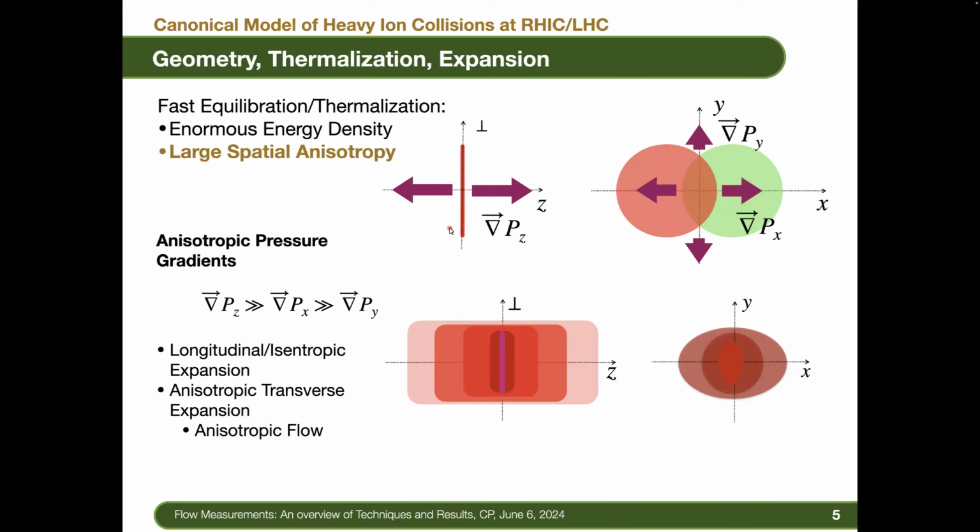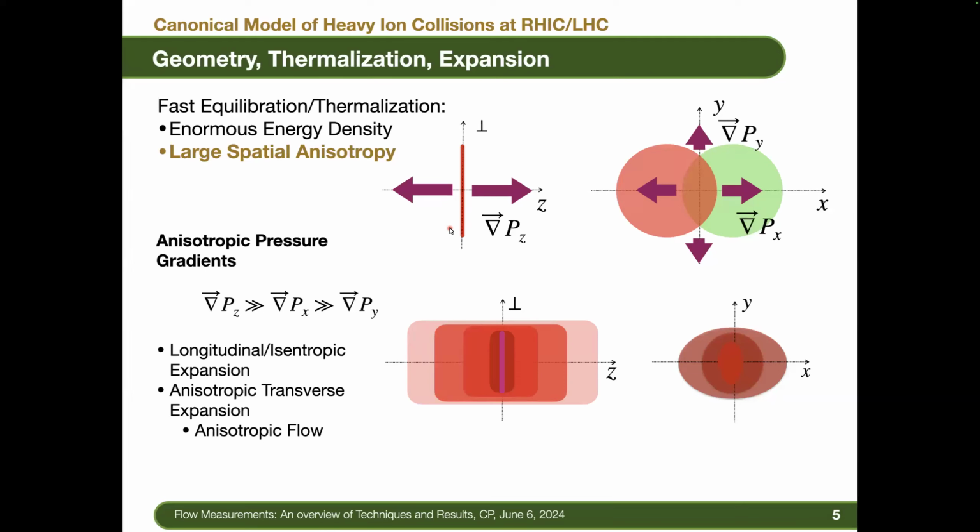So a very large energy density, because there's a huge amount of energy released and converted, and it's at first sitting in a very small volume. So that leads to enormous energy density.